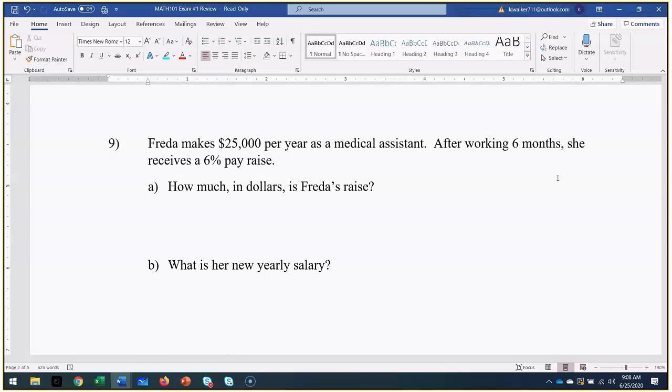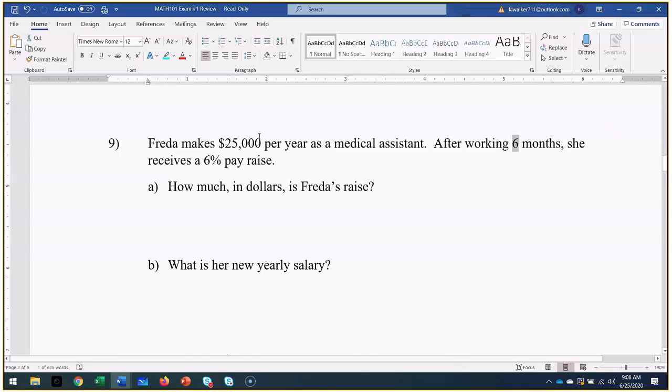After she worked 6 months, she got a 6% raise. Just one thing to note here. The fact that they told you how long it took for her to get the raise has nothing to do with this. This 6 months is there as a distractor. It has nothing to do with it.